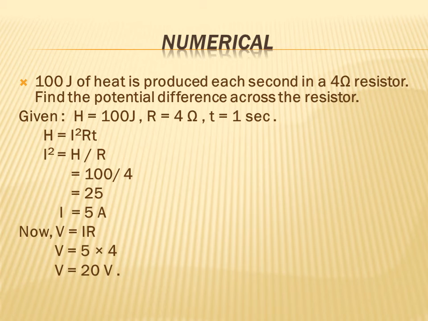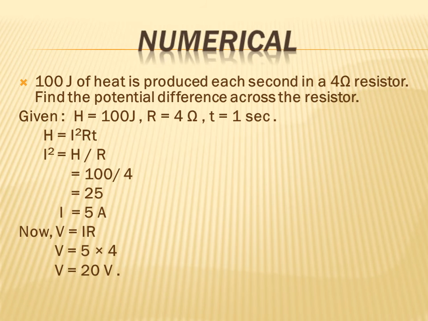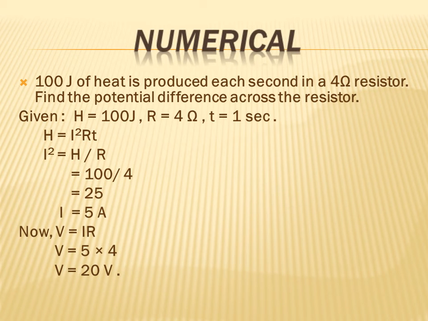Our heat formula is H is equal to I squared R t. So I squared is equal to heat divided by R t, that means 100 divided by 4, which is 25. But we want the I value, so I will become 5 ampere.